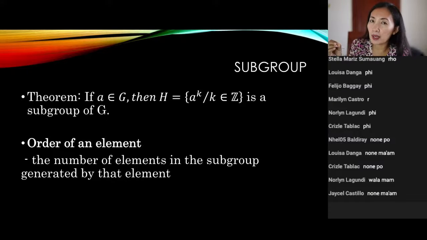Take one element and raise it to K. So 1 raised to 1, 1 raised to 2, depending upon the operation. It's an additive group, so 1 squared means 1 plus 1, and 1 cubed means 1 plus 1 plus 1. Our example earlier is a permutation group, where the operation is composition. So when we say beta cube, that means beta circle beta circle beta.